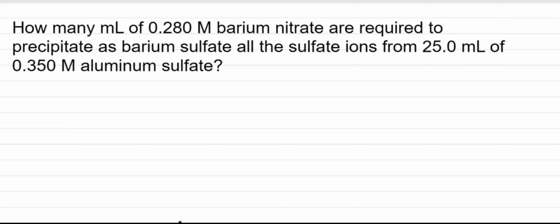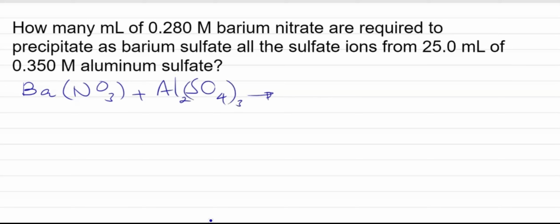So barium nitrate, a soluble salt, reacts with aluminium sulfate to give barium sulfate, which is an insoluble salt, plus aluminium nitrate, which is a soluble salt.